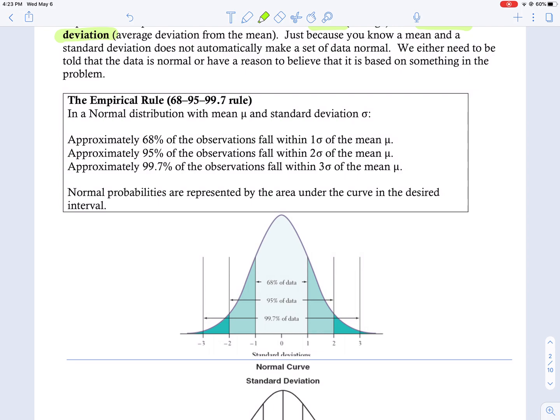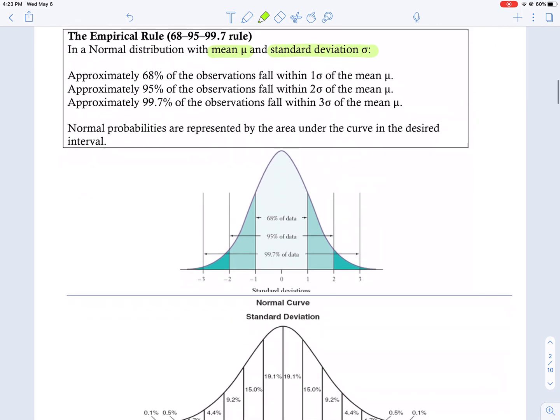So just take note of the mean and standard deviation and those are your symbols. Within 1 standard deviation, it's 68%. Within 2 standard deviations, it's 95% of your data. Within 3 standard deviations, it's 99.7% of your data. So normal probabilities are represented like that.